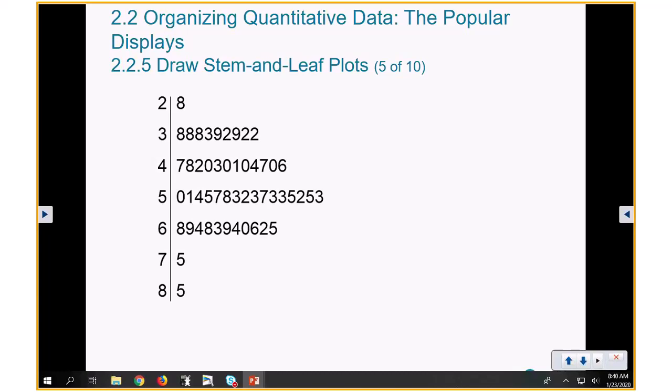So there's 9 numbers that represent 3.0 to 3.9, or 30s. In a dot plot, you would have 9 dots there. Let's just check: 1, 2, 3, 4, 5, 6, 7, 8, 9. So you would have 9 dots there. You would have 12 dots here, 1 dot here.